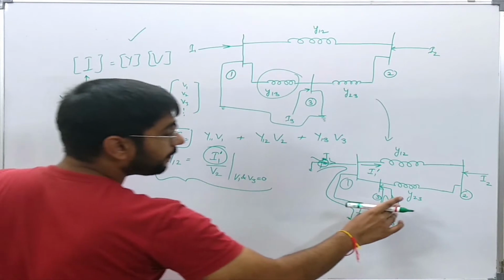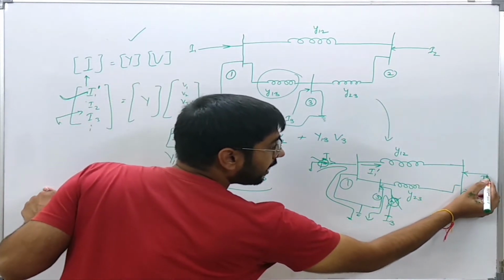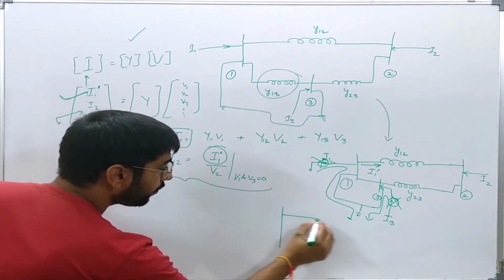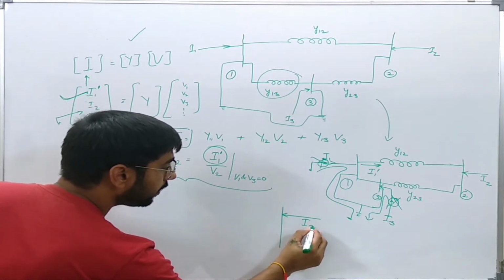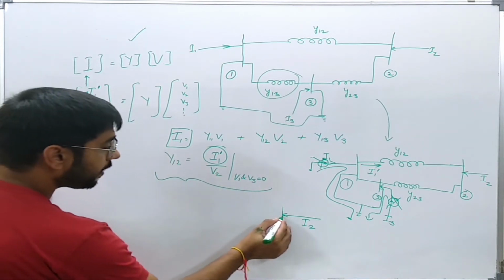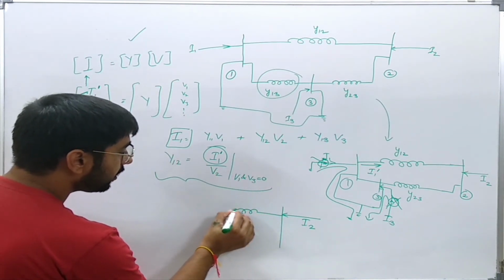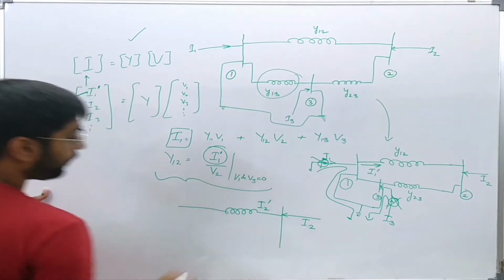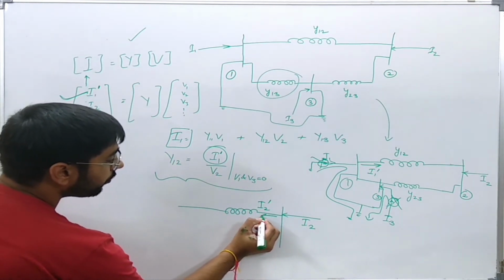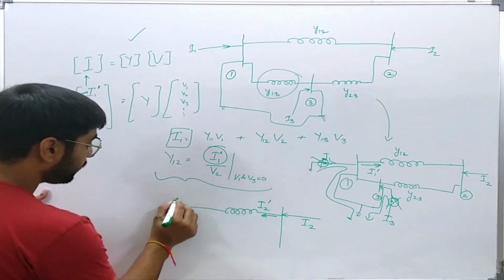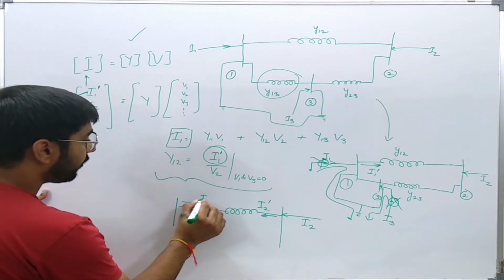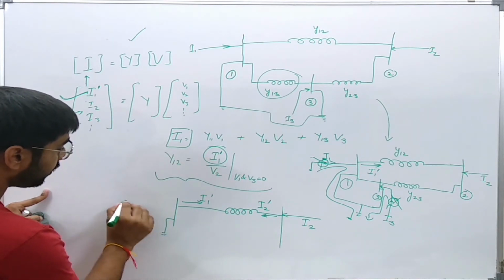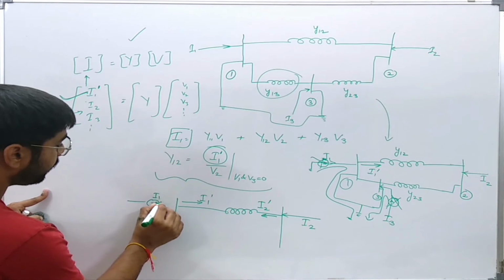What I have done here, a current source is attached on the bus 2, which is I2, and this current source is giving a current, let us say I2 prime, in this admittance, and here I have already shown I1 prime. Okay, and it is shorted. This current source is also shorted.